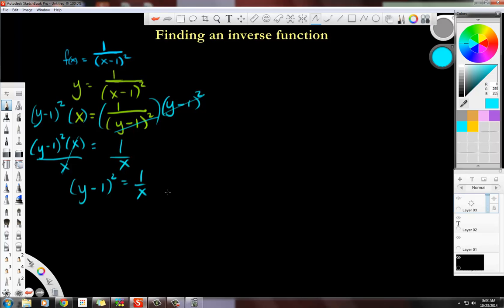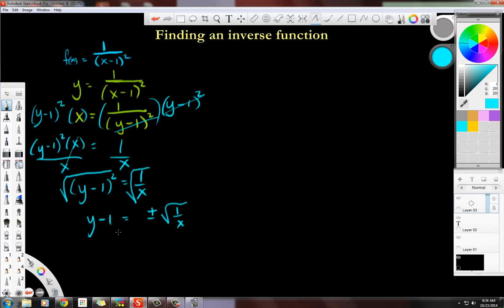And we're trying to solve this for y now. So at this point, I am going to square root both sides. And on the right side, I'm going to have plus or minus the square root of 1 over x. And on the left side, that square rooting a group like that, that's just going to make it go away.